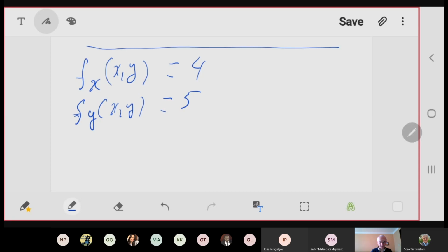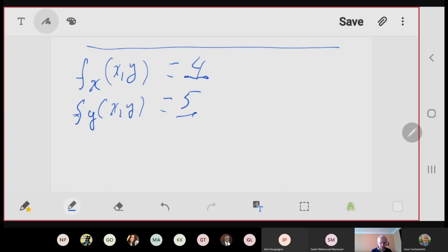But here, the first partial derivatives we got are 4 and 5. They cannot be equal to 0. There are no x and no y; we got these constants as first partial derivatives, and they cannot be 0.